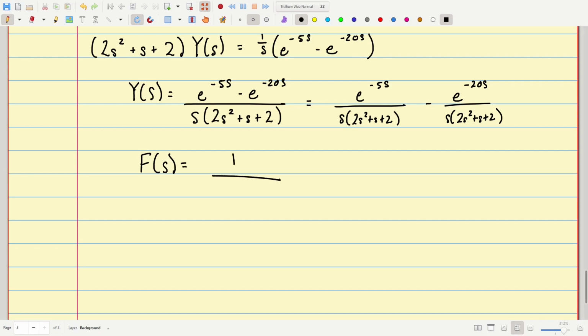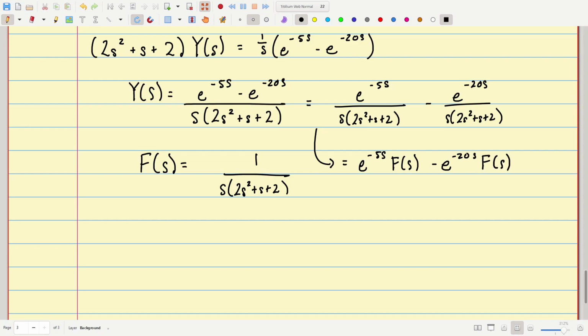Now, it is the function 1 over s times the quantity 2s squared plus s plus 2. Okay, that means that this above line here can be rewritten as e to the minus 5s F of s minus e to the negative 20s F of s.